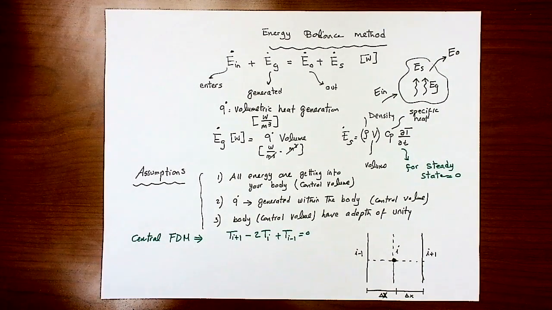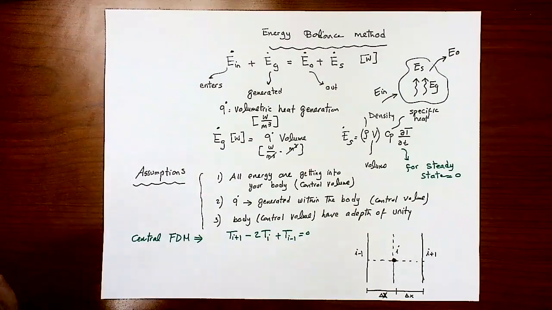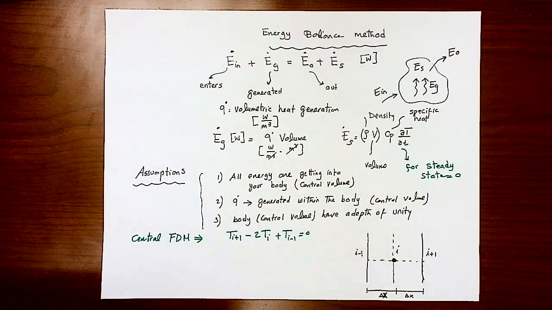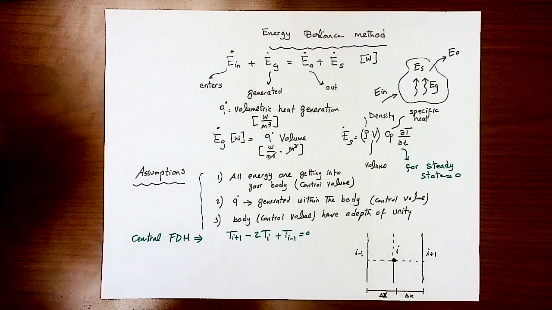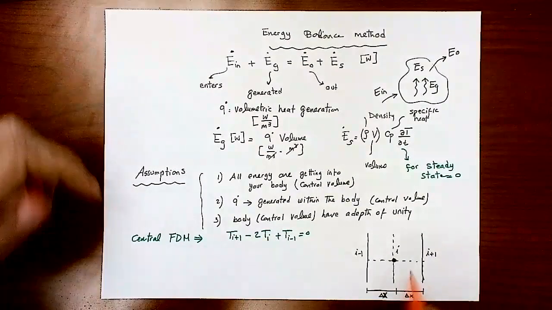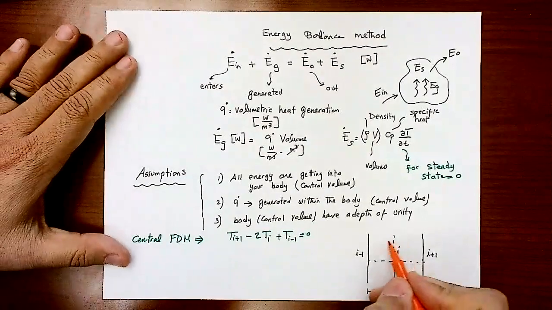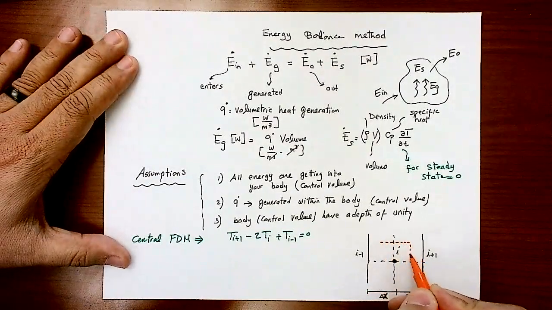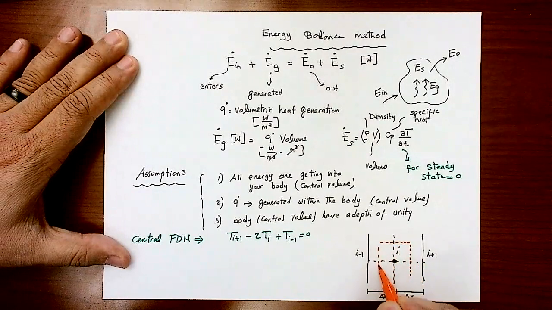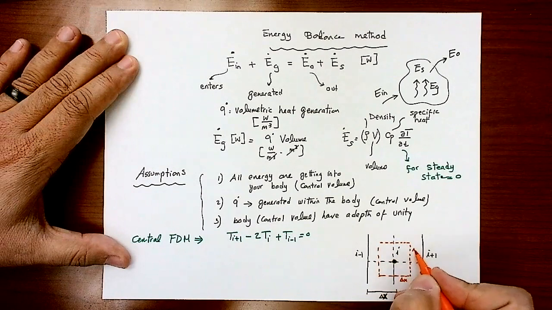Your control volume is the area of influence of the node i. The influence of node i is zoned by a square that has a length of delta x. So you're going to come around node i and draw a square. That's your control volume, and the dimension of this is delta x times delta x.